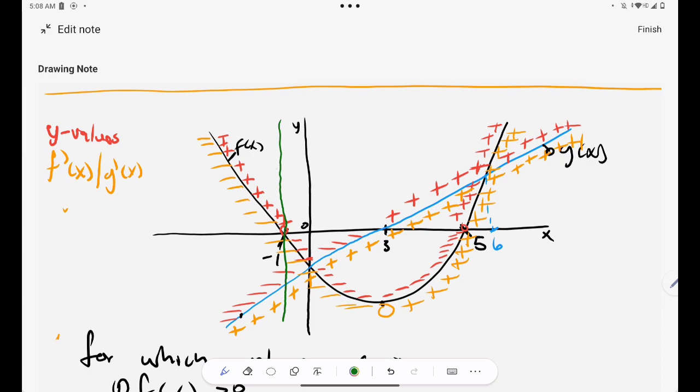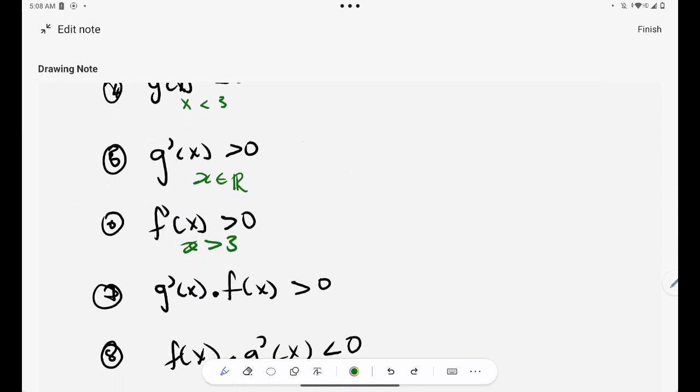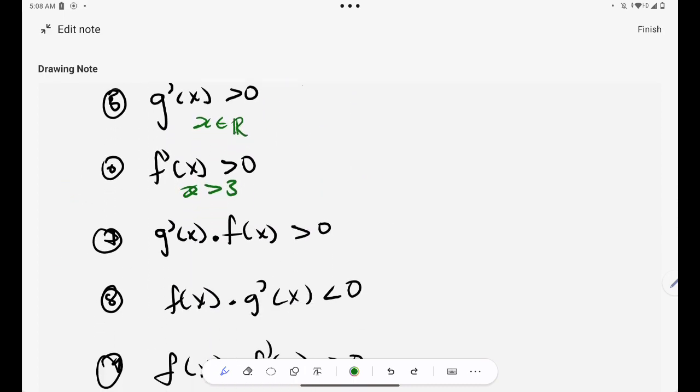So when x is less than 1, from 1 going to the left, another one from 5 going to the right. Are you together? So this thing is true whenever x is less than 1 or whenever x is greater than 5.